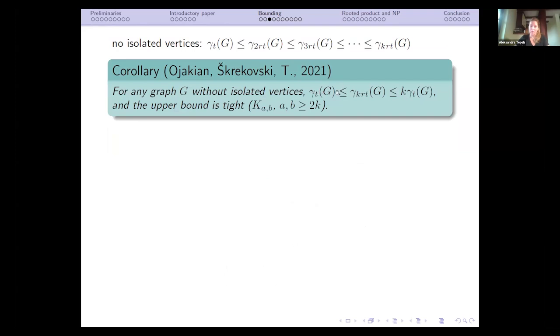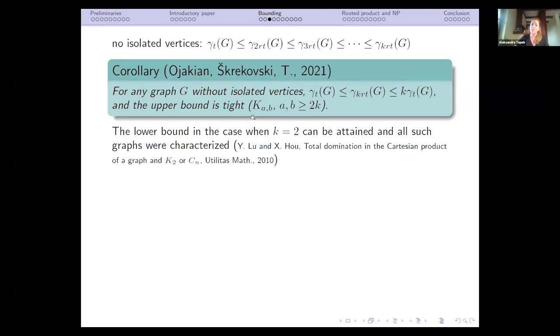So we have this bound, and the upper bound is obvious, because you can imagine a total dominating set in the graph, and then you just put all the colors in each vertex of the total dominating set, and you will see that this is a k-rainbow total dominating function, so this inequality must hold. And the upper bound is tight. What about the lower bound?